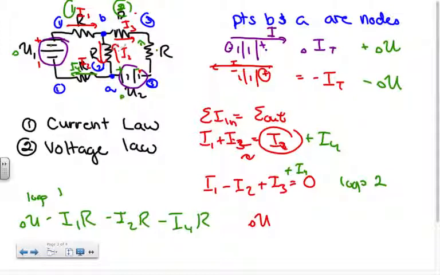Because these two cannot contradict each other. So one of them has to be wrong. So in this situation, it is not negative, it is positive I2R, because I dictated that current already. If I dictated it to go this way, it has to be positive.